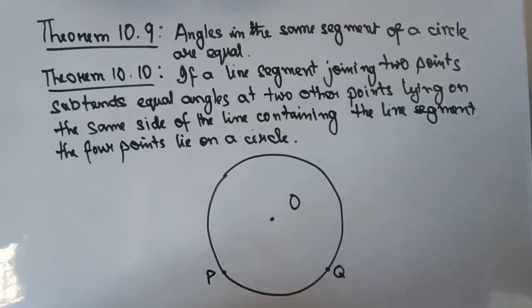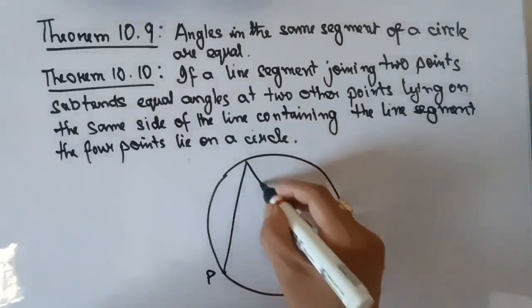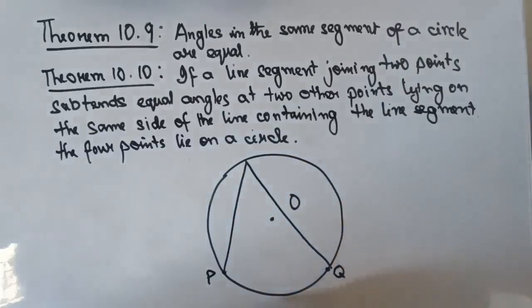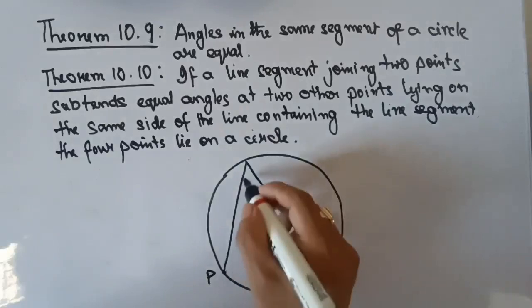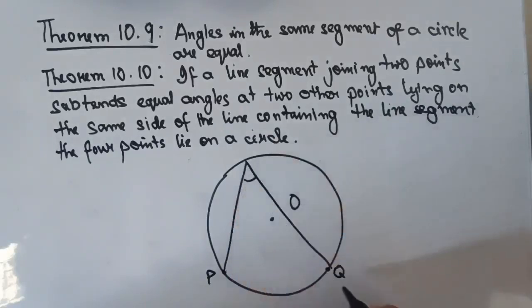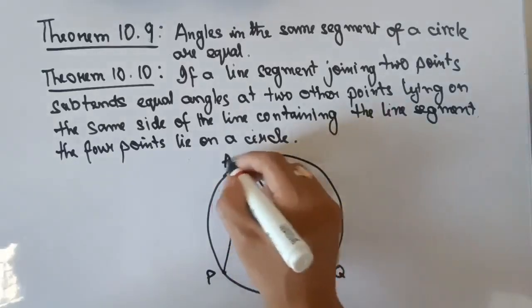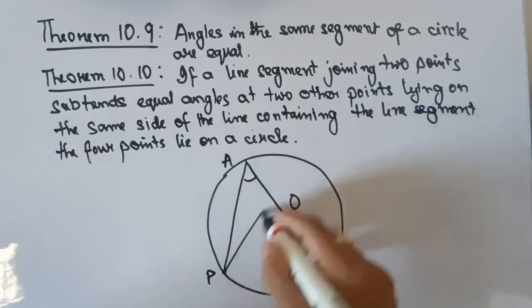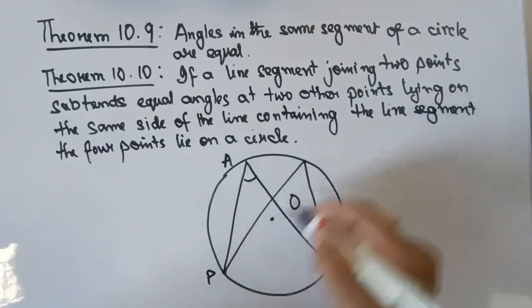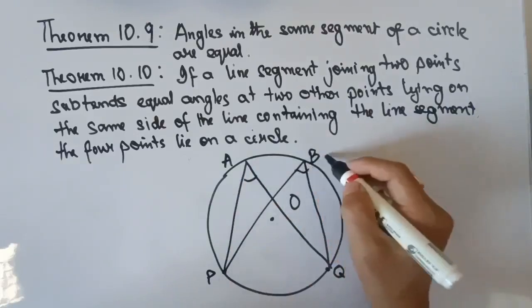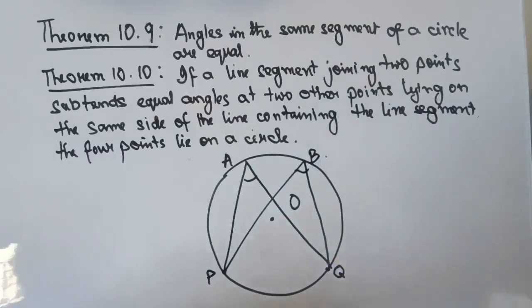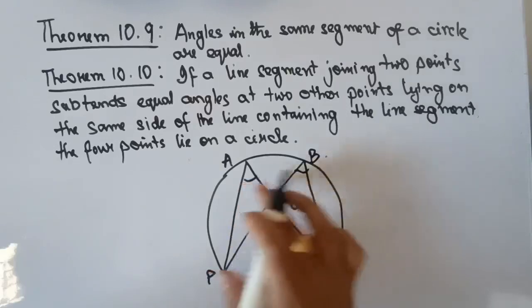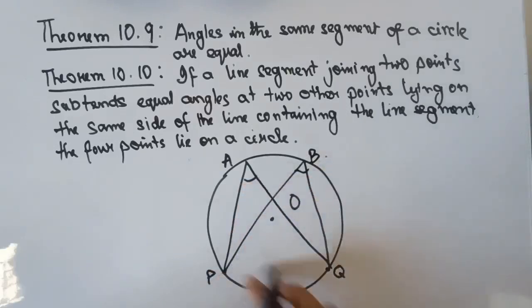So the theorem says angles in the same segment, let us suppose this angle PAQ be one of the angles and angle PBQ be the other angle. So these two angles will be of equivalent measure because they lie in the same segment.